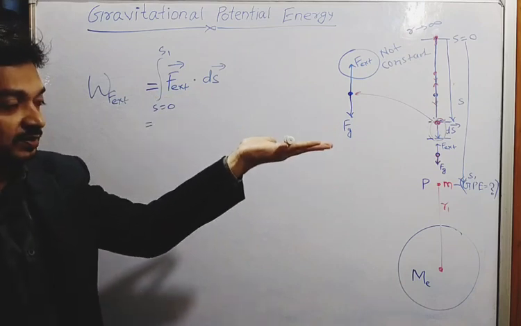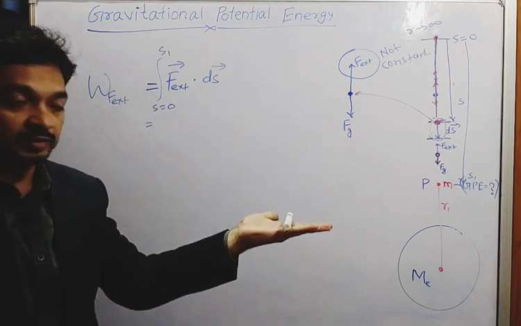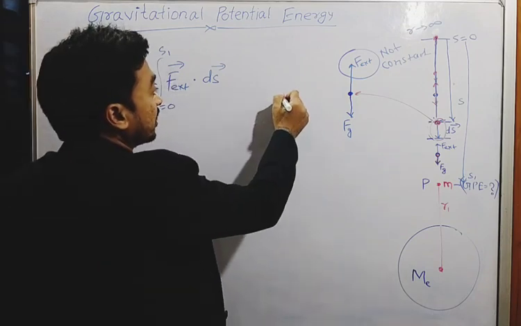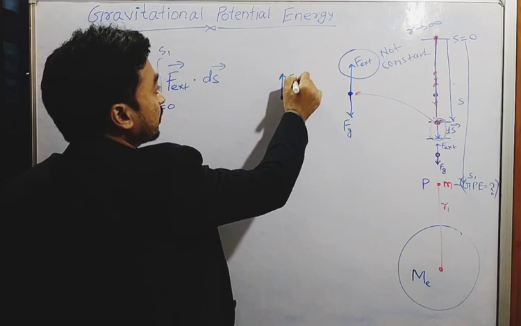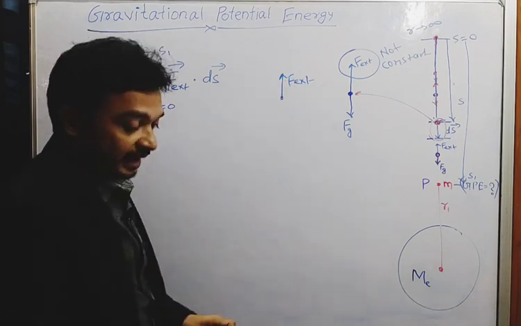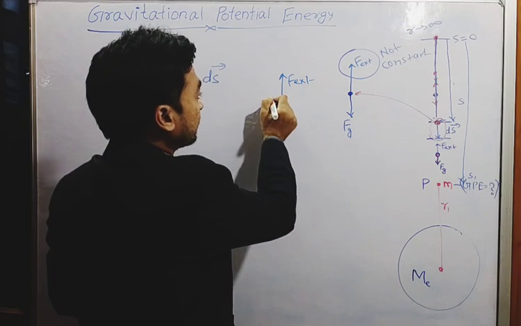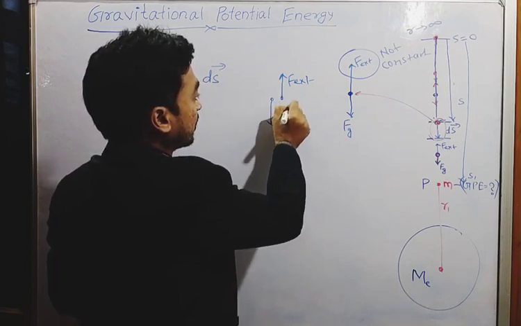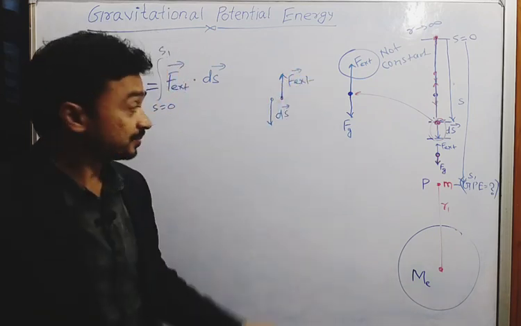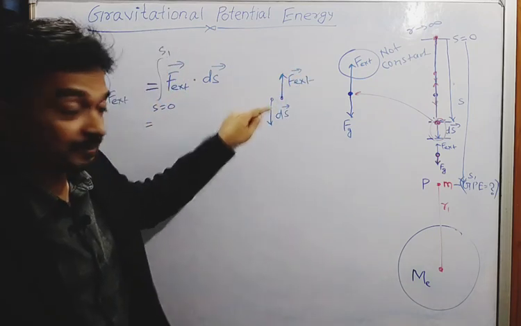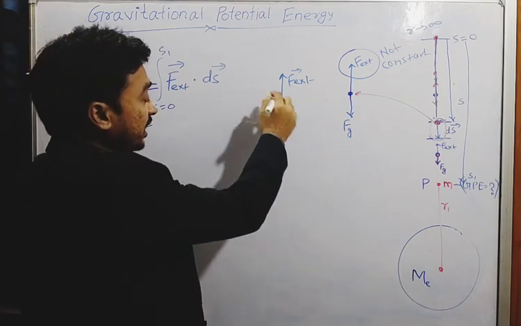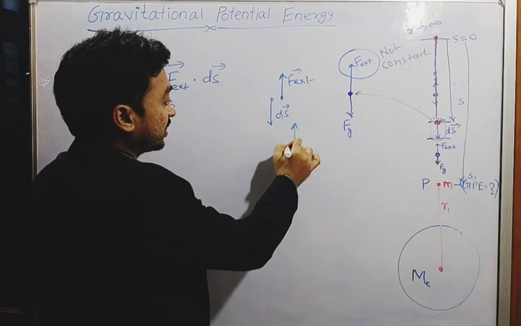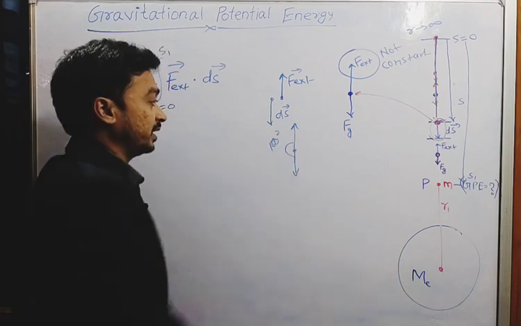See, the direction of external force is upward, and the direction of displacement is downward. Angle between them, there are two vector quantities, join tail to tail, see the angle is 180 degrees.